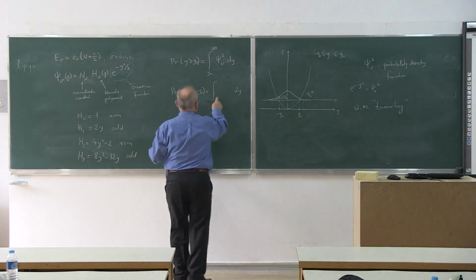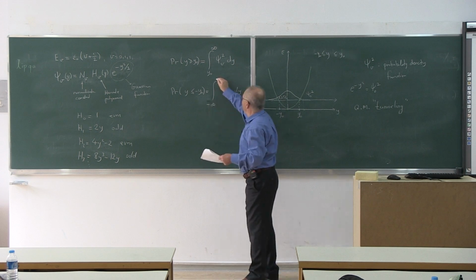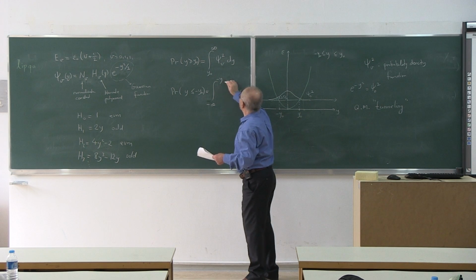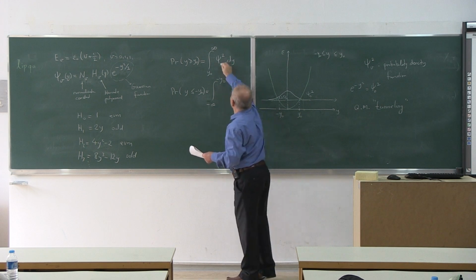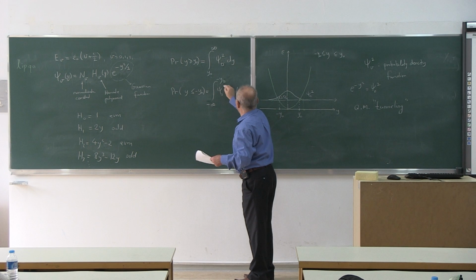So here I write minus infinity to minus y0. Okay, so let's make this y0. So this is psi 0 square.